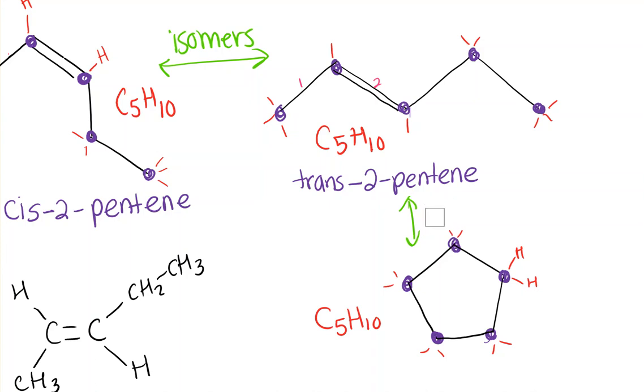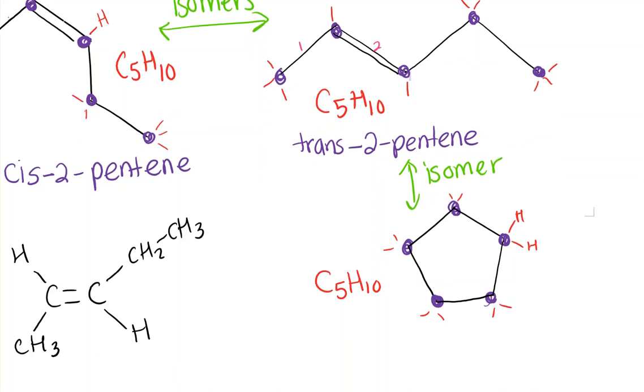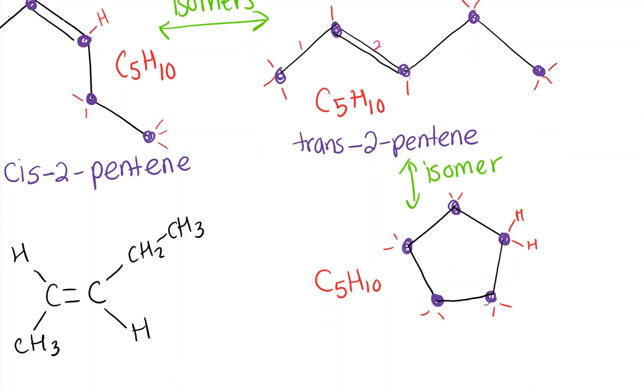Because it's C5H10 again, it's a different structure, same atoms, this is an isomer. And by the way, what would we name this? It's a pentane. It doesn't have any double bonds, but to say that it's in a ring, we say cyclo. And no space there.